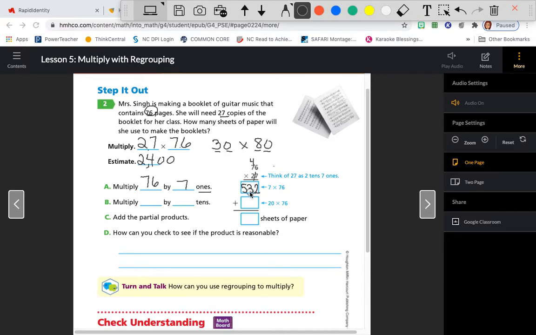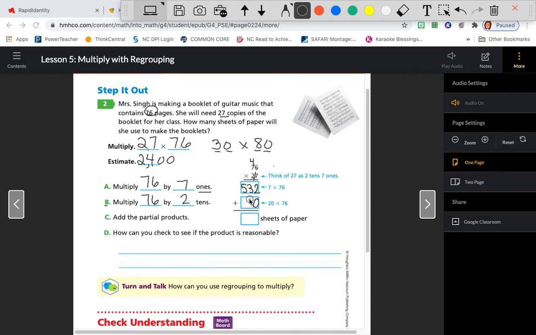All right, now the next step in B, they want us to multiply 76 by our tens. We have 2 tens, so we're going to put a 2 here. So 6 times 2 is 12. Now remember, we're working with tens, so we are going to put a 0 first in our ones place. So 6 times 2 is 12.